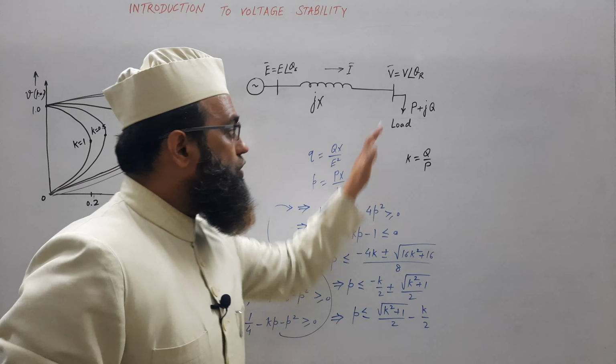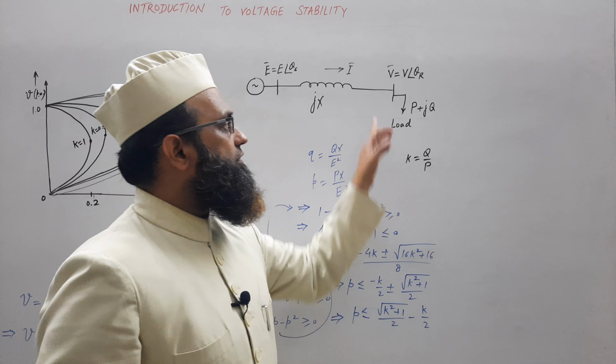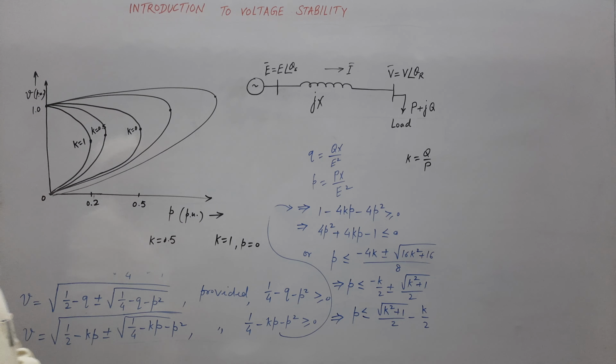It means this point is shifting up, it means it's good for us, far away from the lower limit of bus voltage of any bus. So I am not going to discuss the control in detail, as it is out of scope of your BTech syllabus. So just know this.